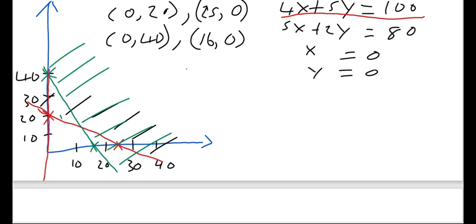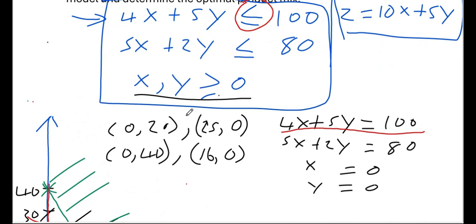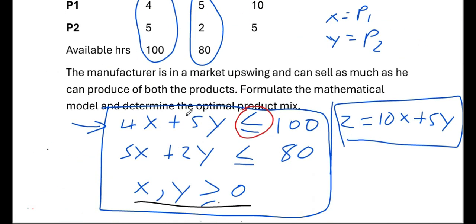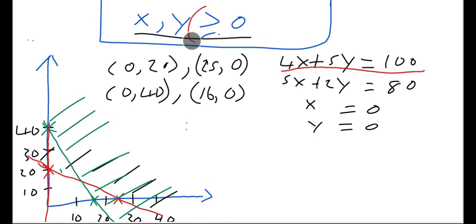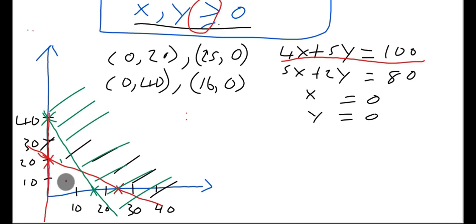And because we are saying greater than, remember here we are using greater than. So this is the one that we are looking at. So the region greater or equal to. So the region that is greater than is actually this side. So we shade the one that we don't want, which is this side, like this.